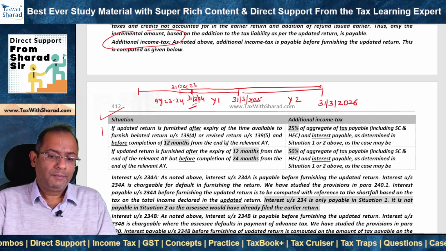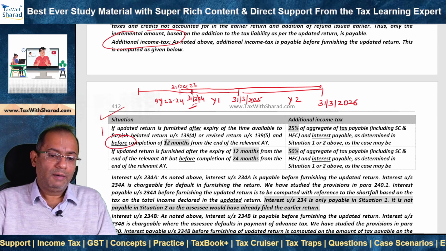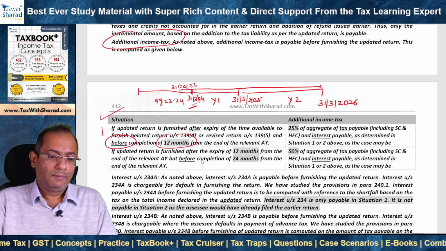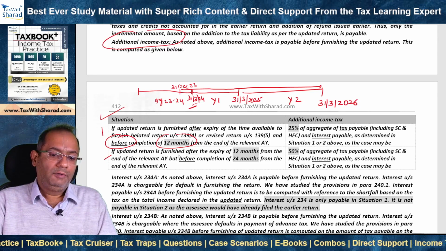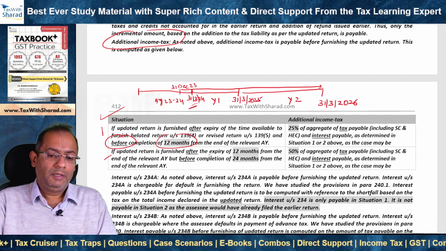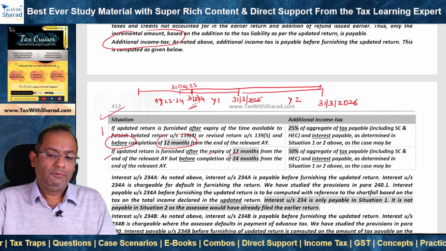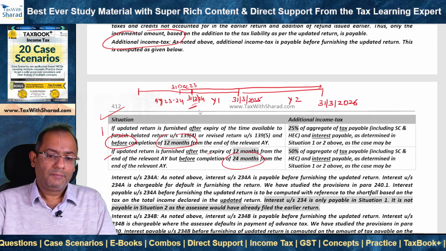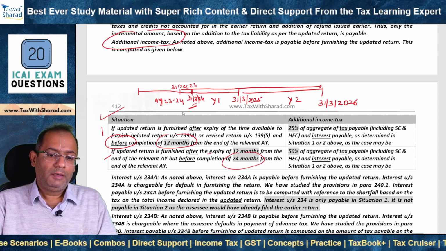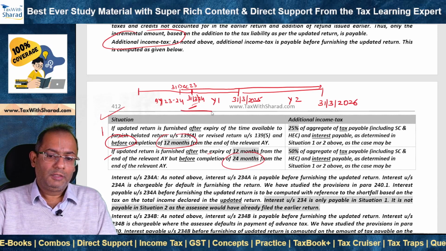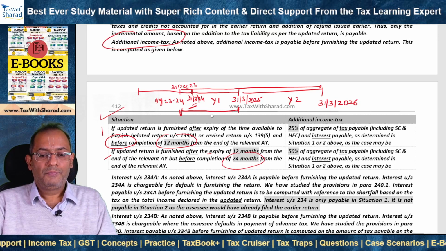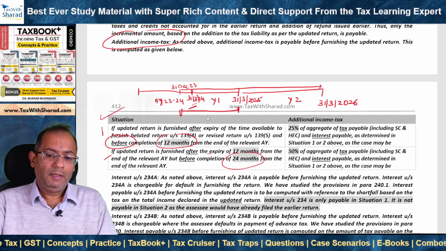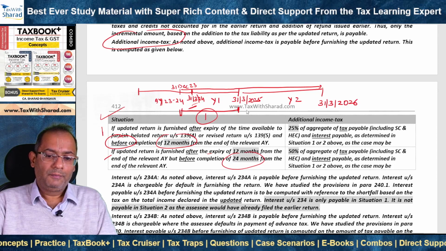Okay. Now situation 1 is if the updated return is furnished after 31st of December and before completion of 12 months. Or the second situation could be if the updated return is furnished after 31st of December but before completion of 24 months, right? So in situation 1, from 31st of December till the end of 12 months from the end of the relevant assessment year is situation 1.